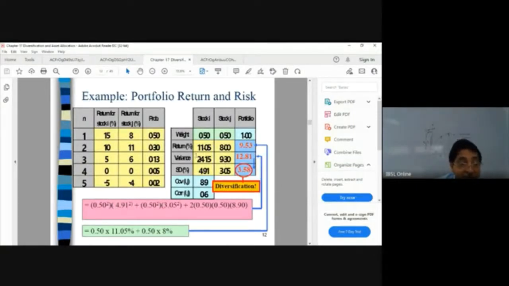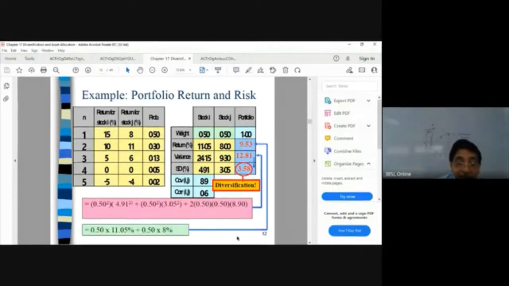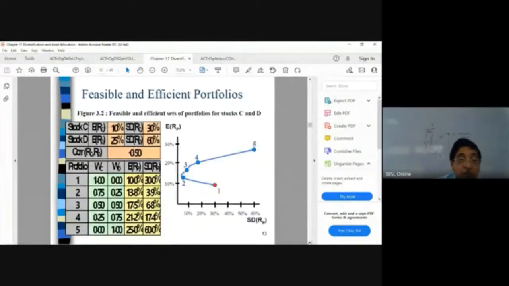And these examples are also given here. Now you just see the same which I have already explained on the board. It is given here also.